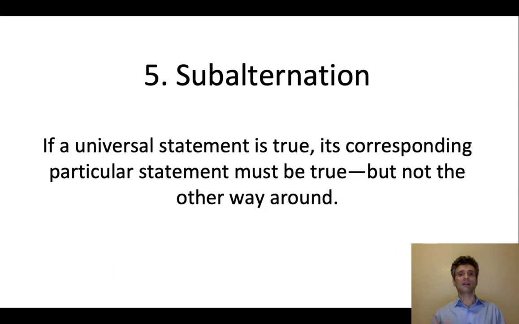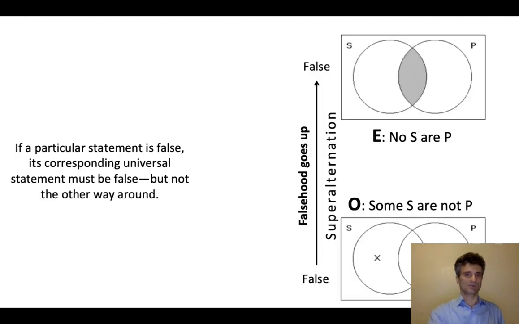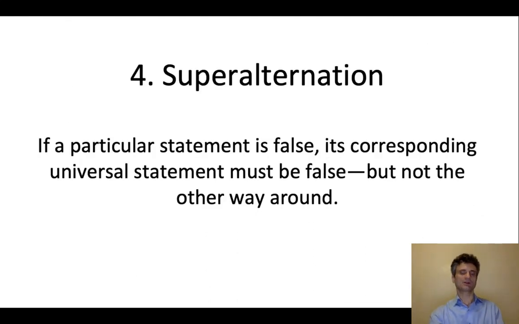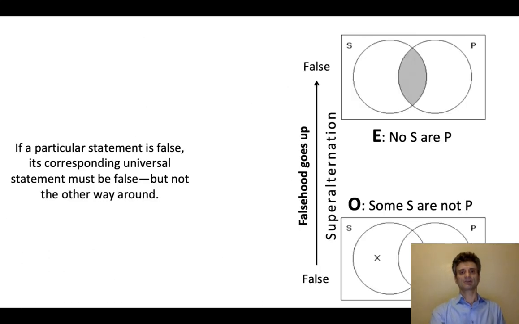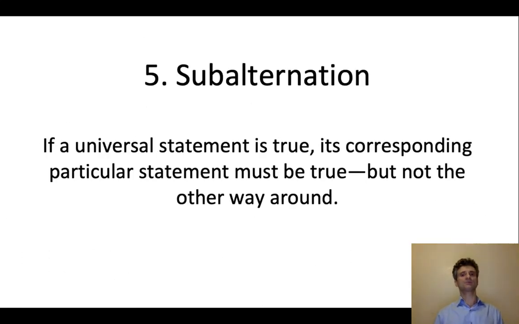The fifth and last relationship is a relationship between the universal and the particular. The previous one, superalternation, is when you go from the bottom to the top, and subalternation is the relationship between the universal statements and their corresponding particular statement.